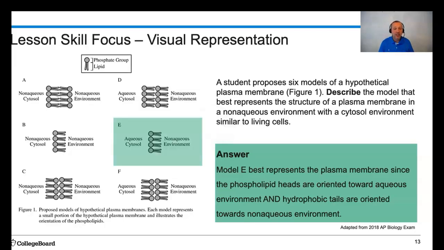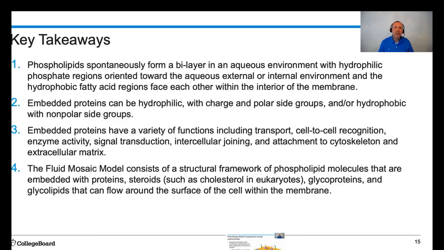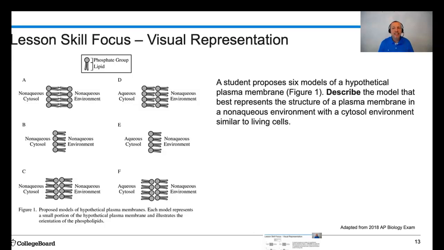D, the heads go towards the, but you still have heads facing the phospho. So between D and E, but by the way, D and E are the only ones that make the most sense, right? So between D and E, why is it E and not D?